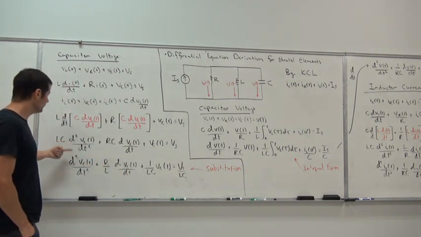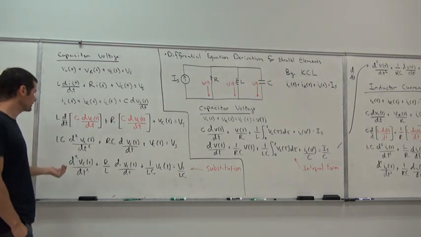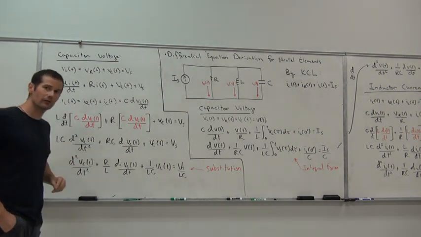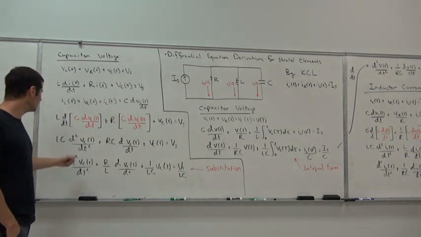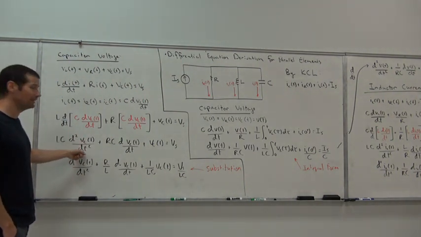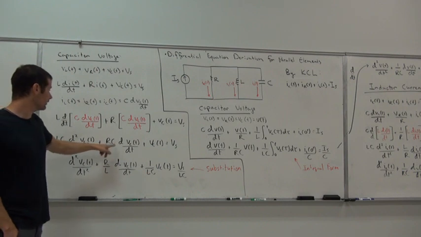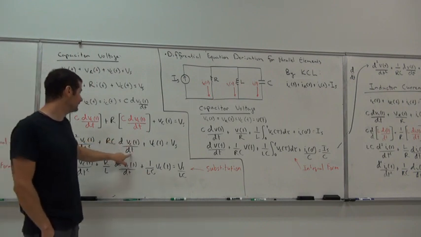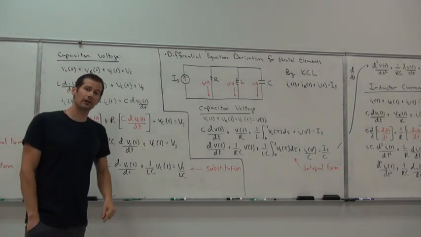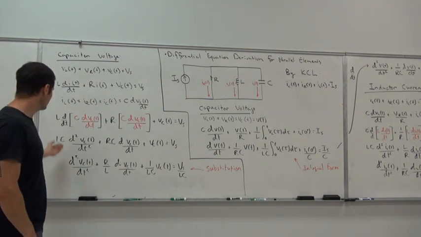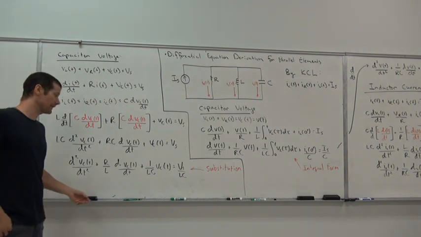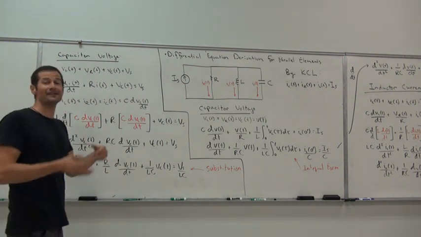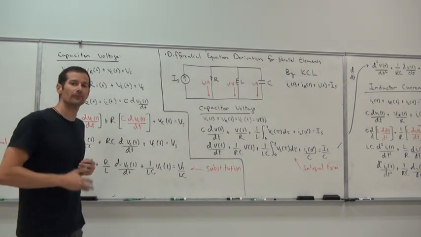So down here, sure enough, we have gained a second order differential equation in terms of VC of t: LC d squared VC(t)/dt squared, plus RC dVC(t)/dt, plus VC of t is equal to Vs. All we have to do is isolate the highest order derivative and put it into standard form, and we derive a second order differential equation all in terms of VC of t.